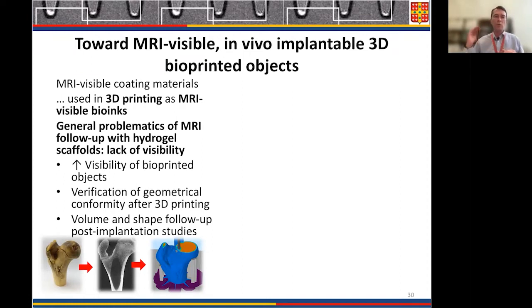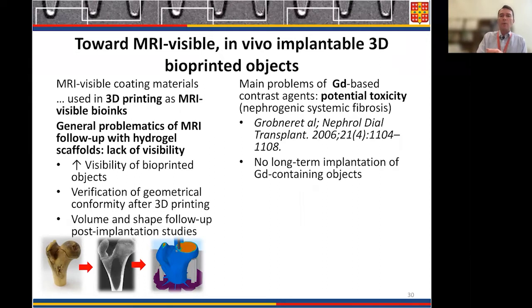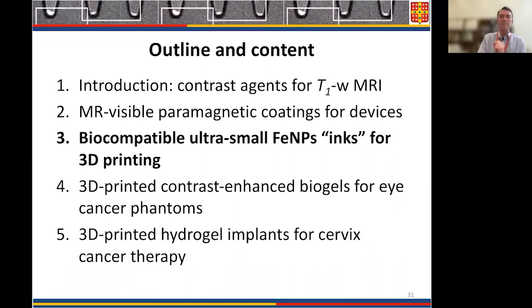So in order to get around that difficulty, and knowing that we need some time to improve the visibility of hydrogels or different types of water containing polymers in vivo, while avoiding the problem of gadolinium toxicity, we designed ultra-small iron oxide nanoparticles. And we were one of the first laboratories to design ultra-small iron oxide nanoparticles of a size small enough to generate a positive contrast in MRI.